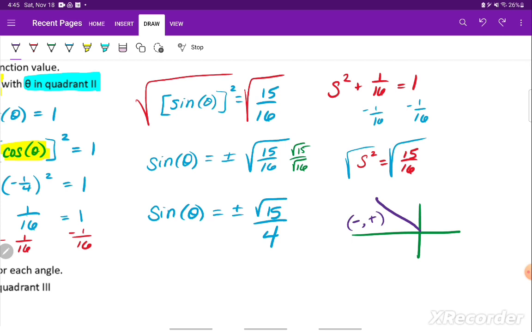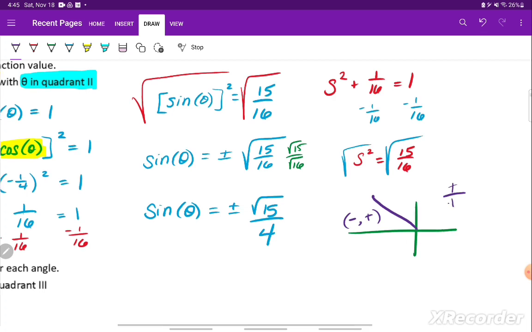In quadrant 2, the y value is positive and the r value is positive. So sine is going to be positive in quadrant 2. That means that we're only going to want the plus here. Our final answer is that sine of theta is going to be positive only square root of 15 over 4.